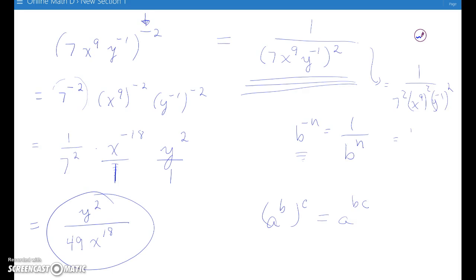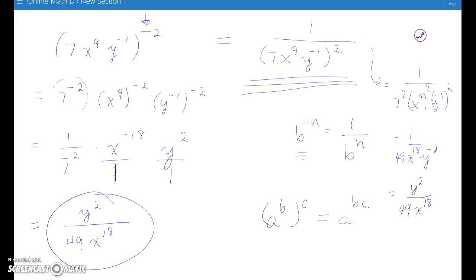So you can see you're still getting your 49 and your x to the 18 on the bottom, and now you have y to the negative 2 on the bottom. Well, again, you can think of that negative exponent as you're in the wrong part of the fraction, so the y needs to be in the top of the fraction with a positive 2 exponent over 49x to the 18.